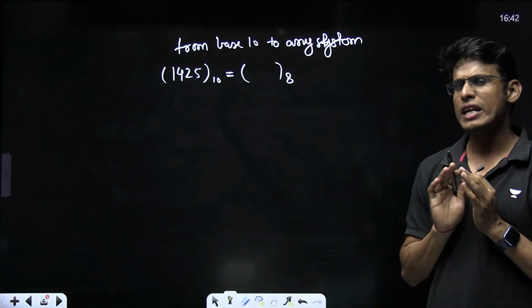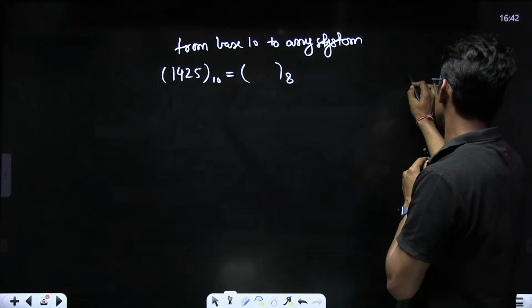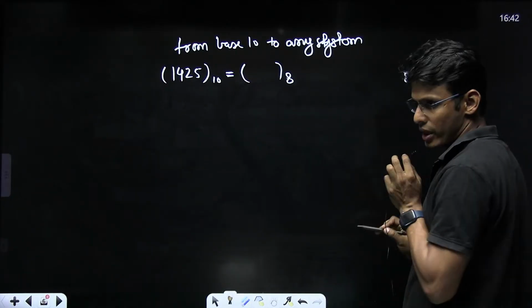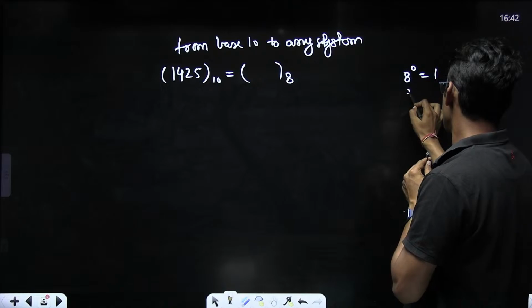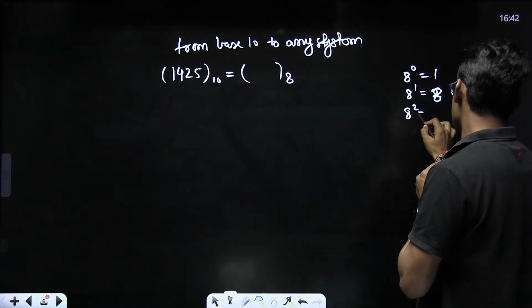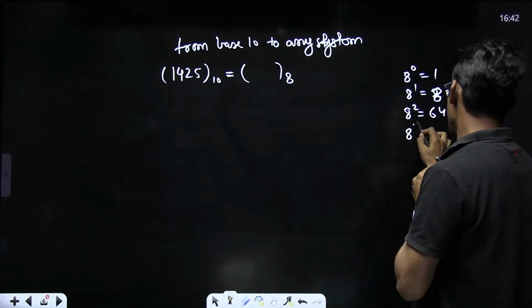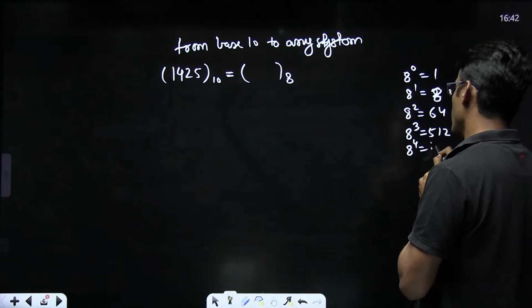I will follow a very, very simple rule. Let me write powers of 8. 8 to the power 0 is 1. 8 to the power 1 is 8. 8 to the power 2 is 64. 8 to the power 3 is 512. 8 to the power 4 is 4096.